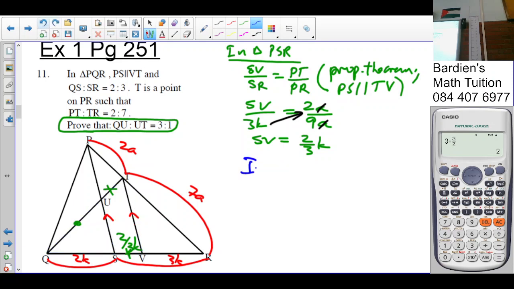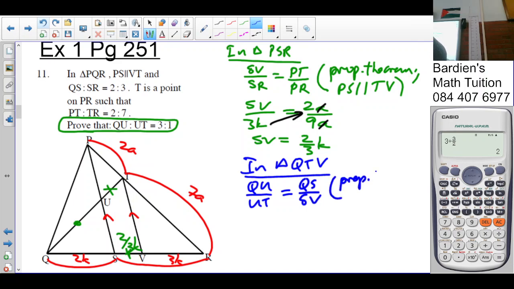So we say in triangle QTV, what can we say? We're going to say that what they want, which is QU over UT, is going to be QS over SV. And the reason?